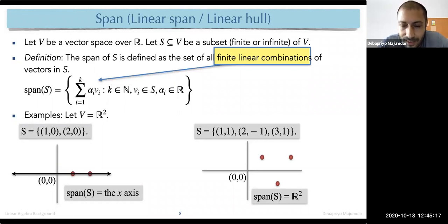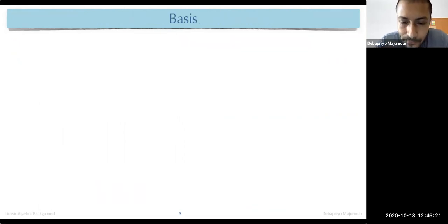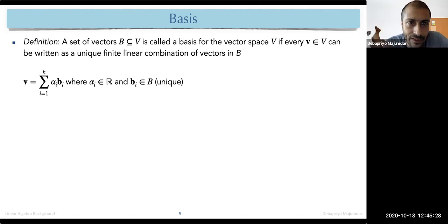But this is not really the best thing that we want. So for this, we will have to define basis. So basis is another important concept that we must understand properly.